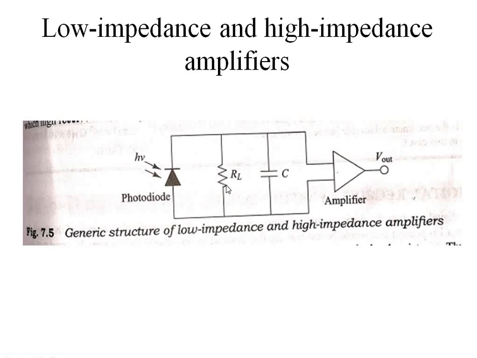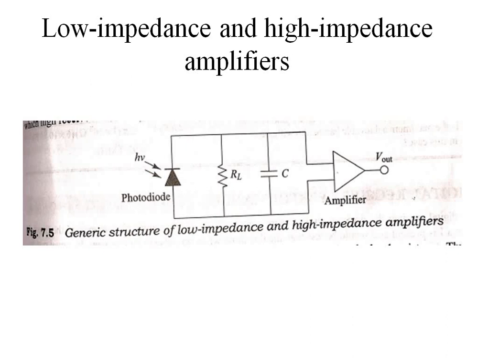The value of the bias resistor in conjunction with the amplifier input capacitance is such that the preamplifier bandwidth is equal to or greater than the signal bandwidth.